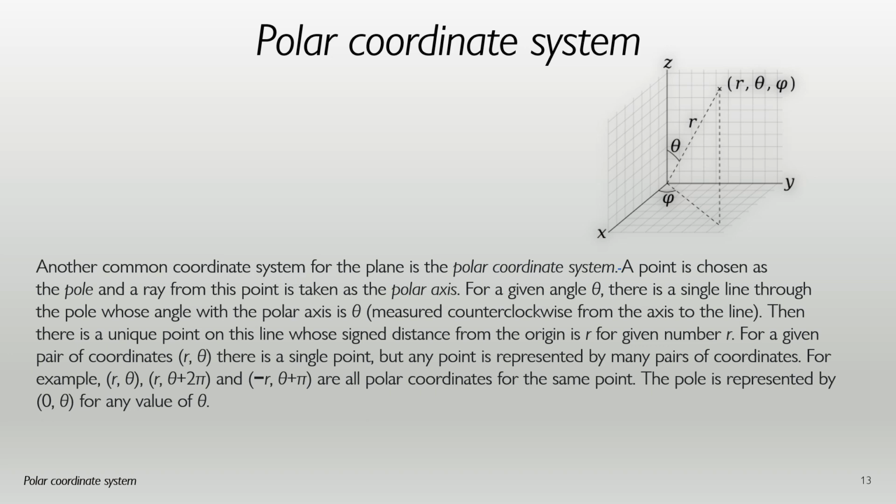Then there is a unique point on the line whose signed distance from the origin is r for a given number. For a given pair of coordinates r, theta, there is a single point, but any point is represented by many pairs of coordinates, for example r, theta plus 2 pi, etc.